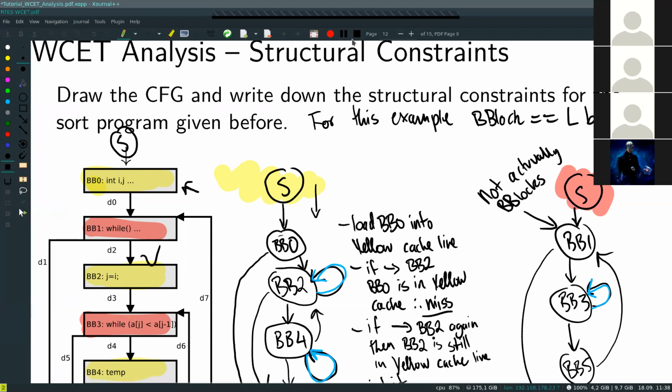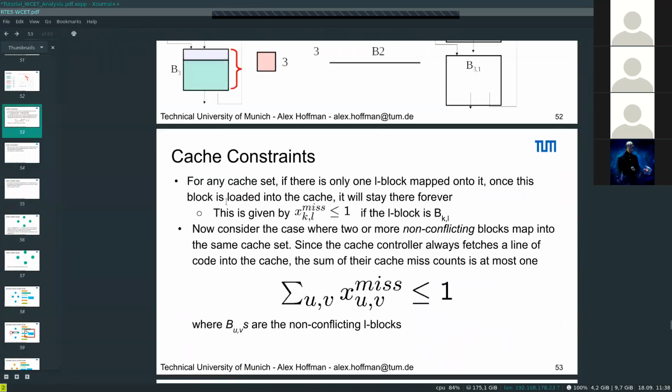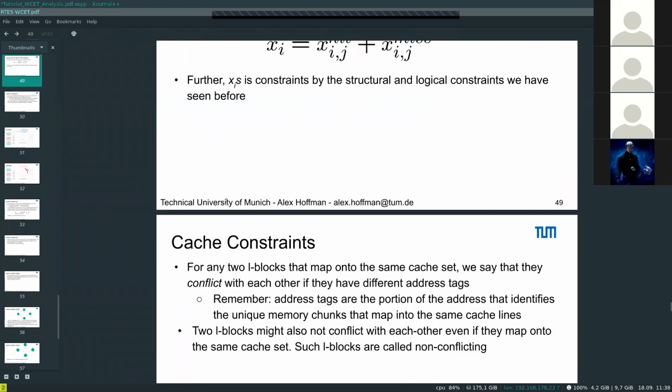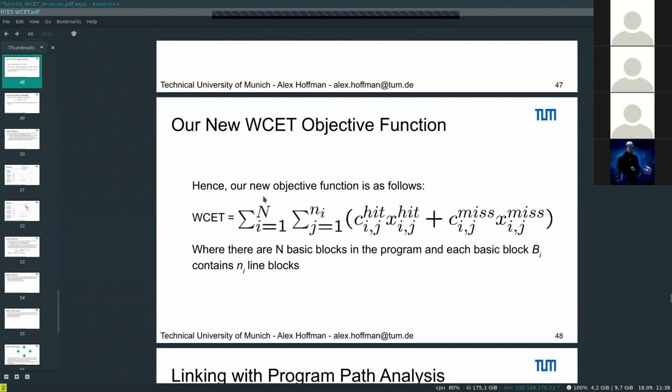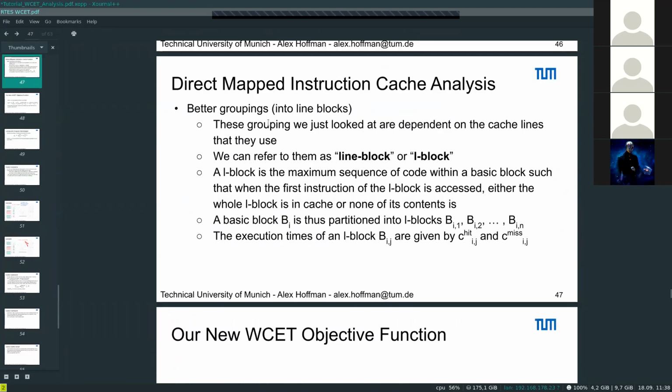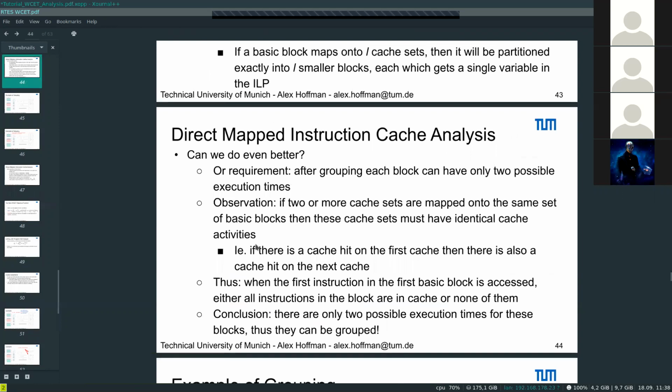But an L block, if we look at the lectures, which will be defined somewhere here, hopefully. These groupings we looked at are dependent on the cache lines.